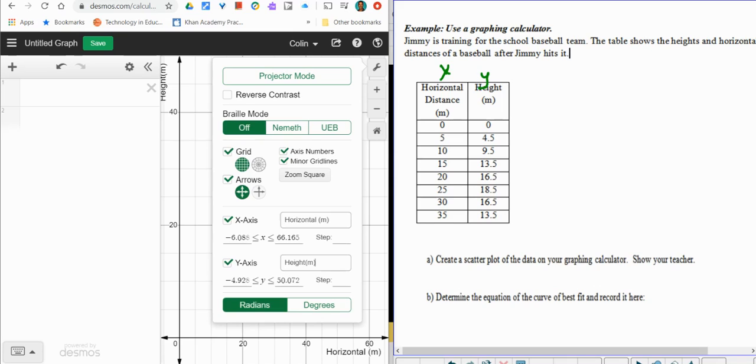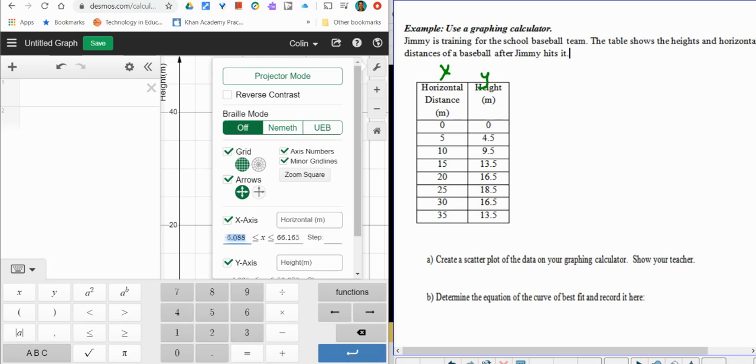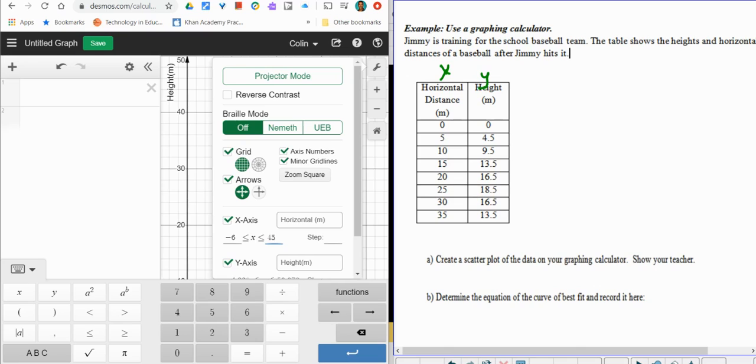So we can even look at these numbers, and I think negative 6 worked well last time. And what's the highest value we're going on the x? Looks like 35. So let's give ourselves a little more room than that. Maybe 45, because it might go further than that.